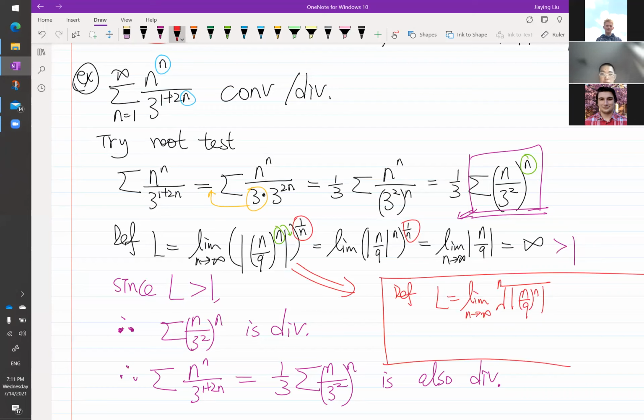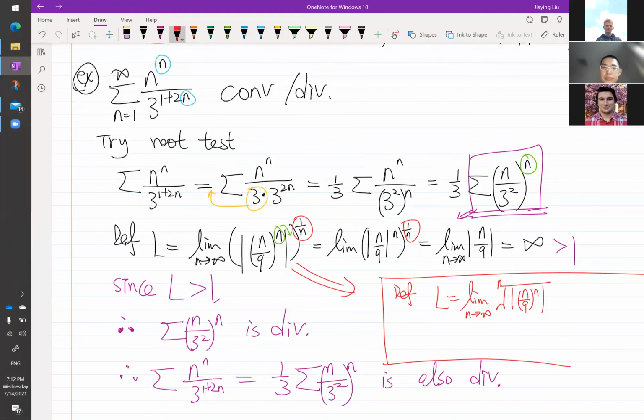So that's one of the notations to define L, right? But instead of using the nth root, I use the parentheses with 1 over n to replace the nth root, but it's the same notation. I mean, different notation, same meaning.